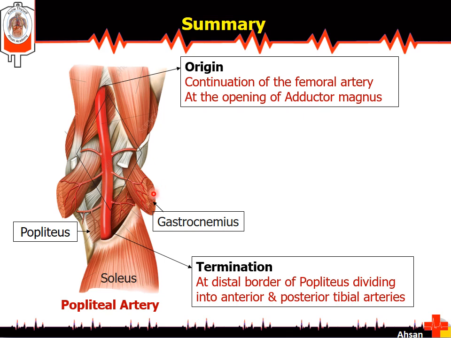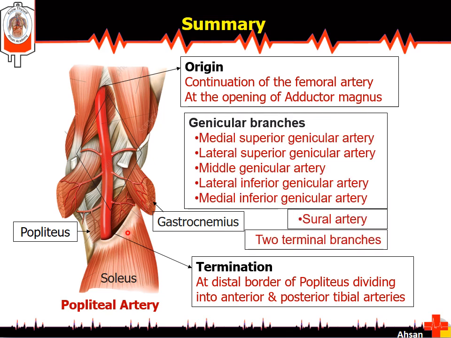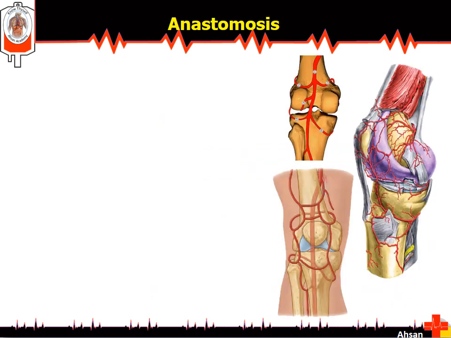Right under gastrocnemius, goes up to the lower border of the popliteus muscle, and hides under soleus to divide into two terminal branches. So this is having 5 genicular branches, sural arteries, and 2 terminal branches. This is the summary of the popliteal artery. Now, anastomosis around the knee joint is very important clinically, that we'll discuss in the next subsequent slide.